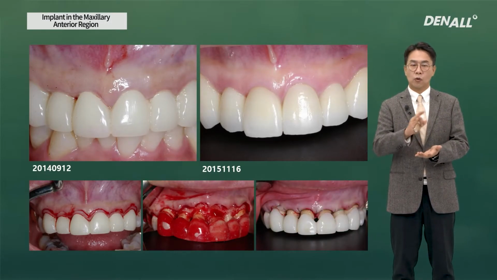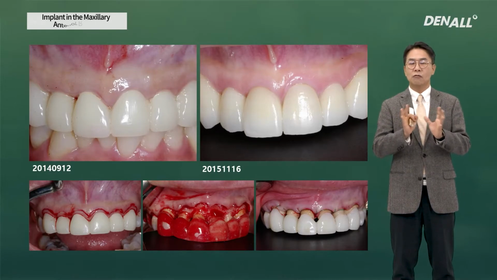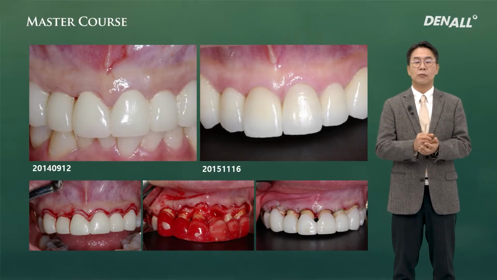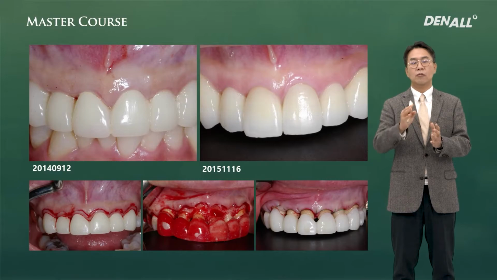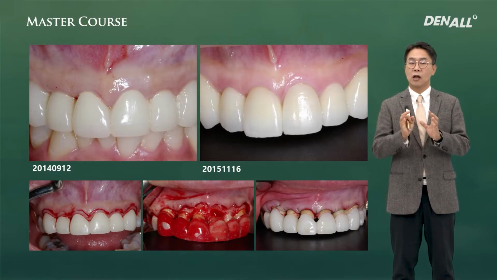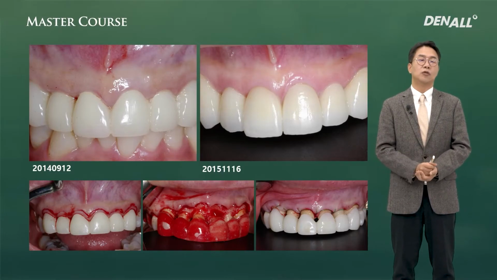Bone contour is controlled. If you look closely, something is on the teeth. That means something will be made if the size of teeth comes like this. So using the template, we are controlling the soft tissue as well as the hard tissue.